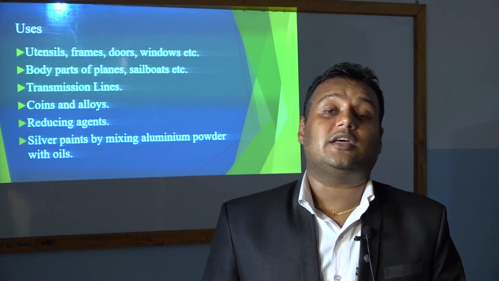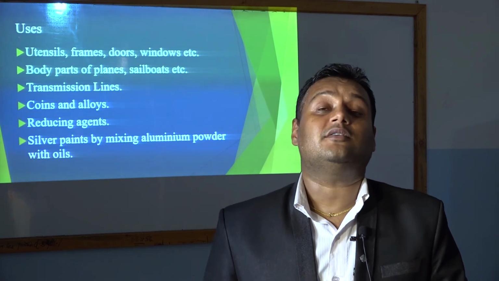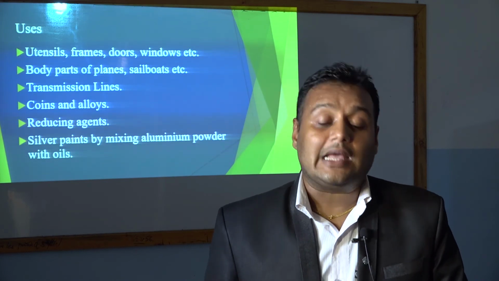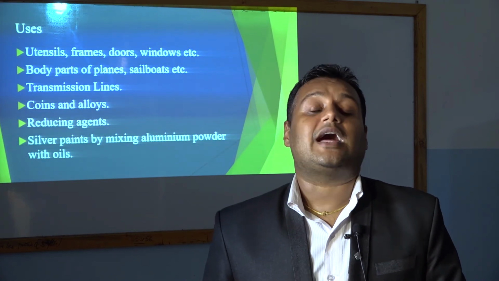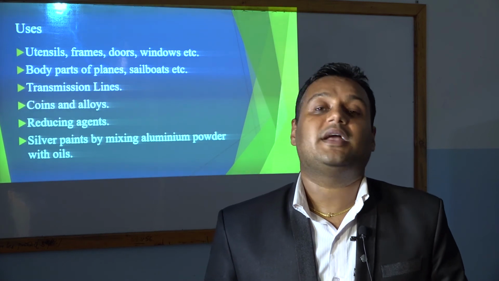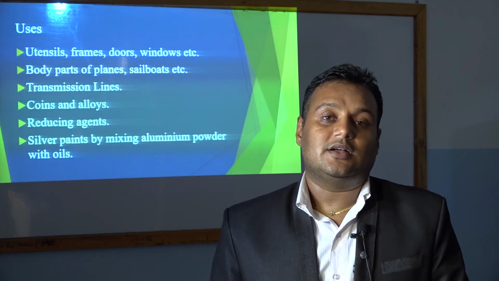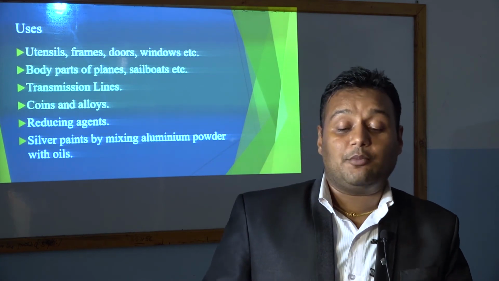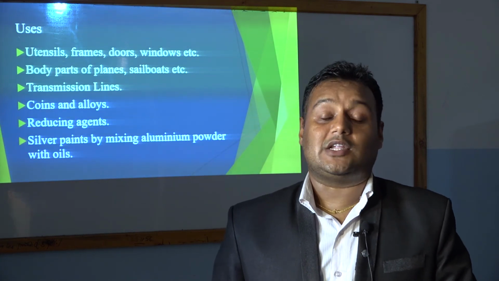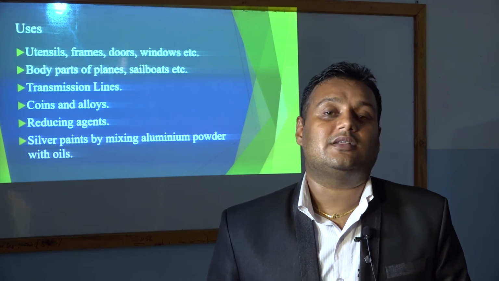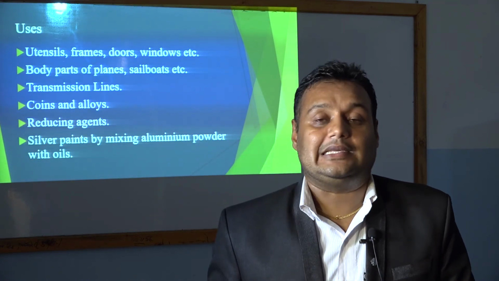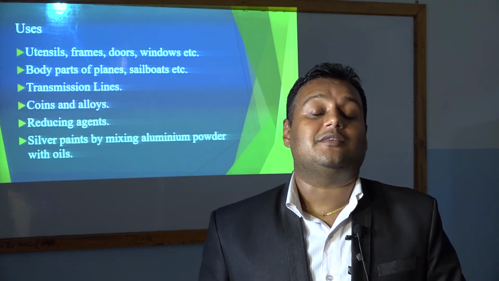If aeroplanes and sailboats are made of iron, it becomes very difficult for planes and sailboats to travel in water or in air. But when aluminum is used in aeroplanes and sailboats, the weight of the vehicles is decreased to a maximum extent, so its capability increases due to the property of lightweight.